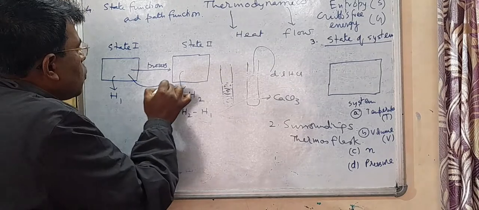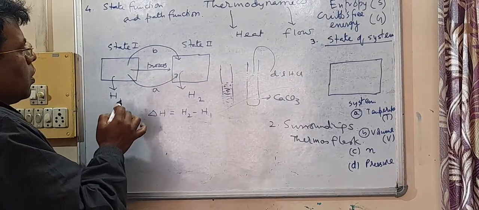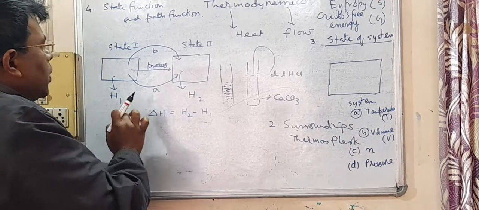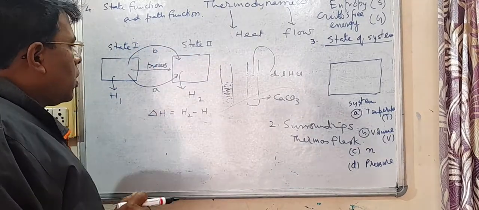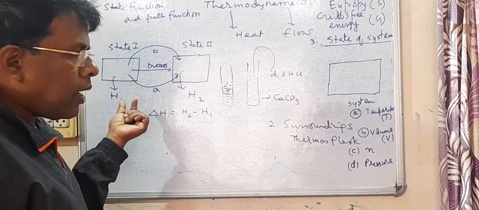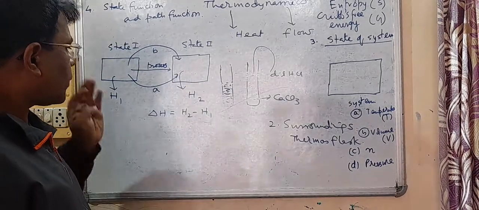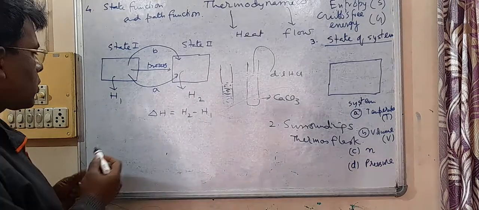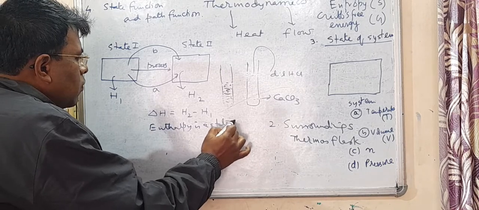Suppose this is one path A, this is another path B. If the system changes from state 1 to state 2 through path A, or through path B, even if we carry out the change in different paths, if the value of enthalpy change remains the same, irrespective of the path followed, then that is called a state function, and that parameter is a state function. Like enthalpy is a state function.